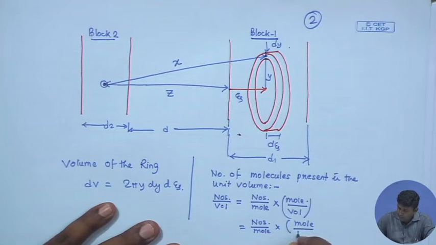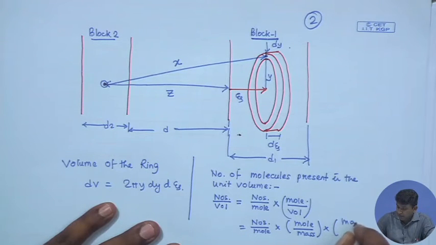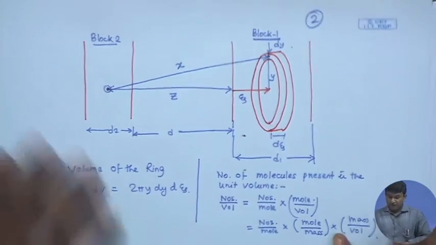Mole per mass turns out to be the molecular weight, and further you can split it as mass per volume. So, what is it?